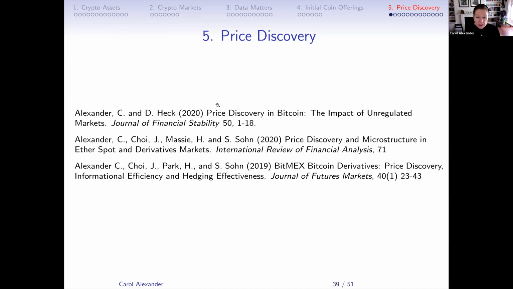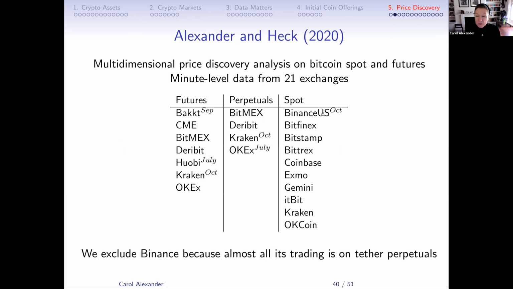And this is published in the Journal of Financial Stability in February. But there are also papers here with a master's student, and these are co-authors at Peking University, published in Journal of Futures Markets and International Review of Financial Analysis. So I'm just going to go through the one paper, but you can find the other papers on my website.